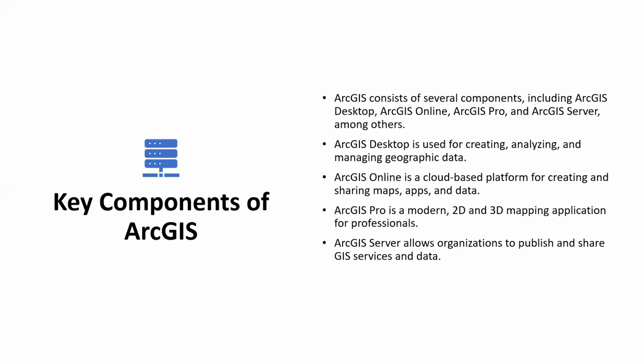So ArcGIS Pro gives you the capability to create maps in 2D or 3D. You want to see the all-dimensional view of a particular area or a particular phenomenon that you are studying. So this gives you the opportunity to actually explore and see how things look on the other side.